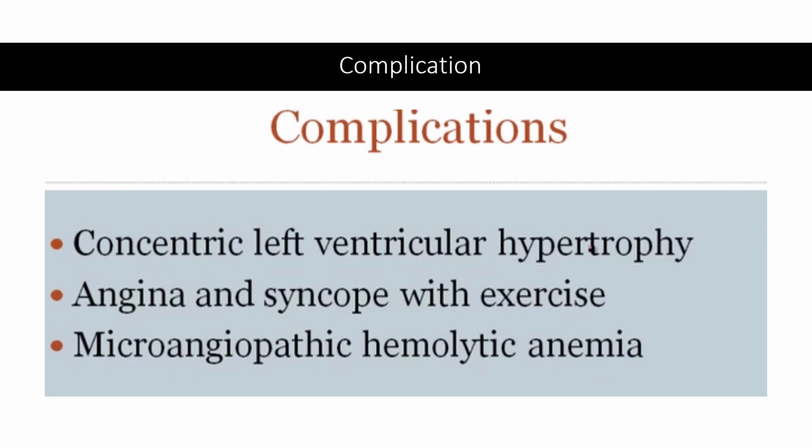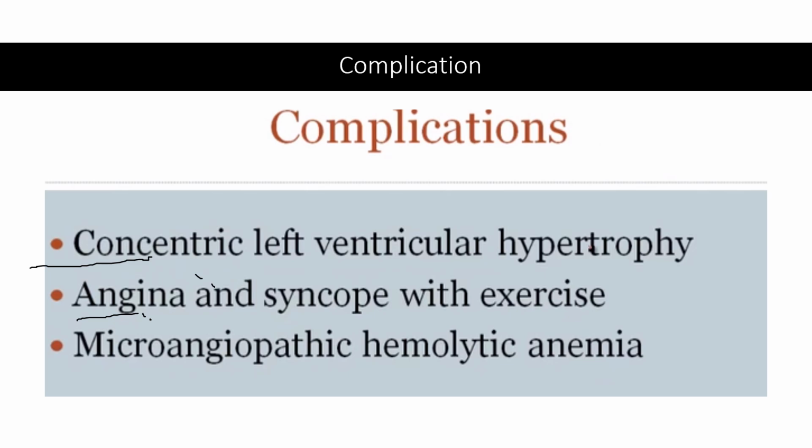And the reason behind having angina and syncope with exercise is that our aortic valve is stiff, so blood can't go to the heart and the brain. It causes angina, which is chest pain, and syncope, which means loss of consciousness.